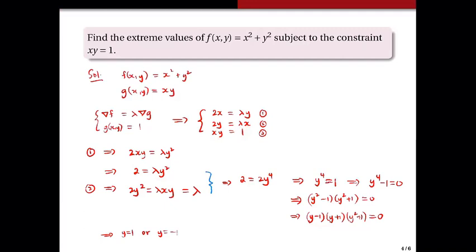And in this case, if we use this equation, whether y equals 1 or y equals negative 1, lambda will just be equal to 2.